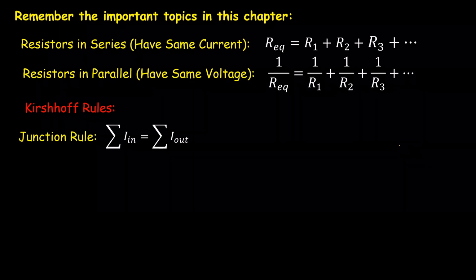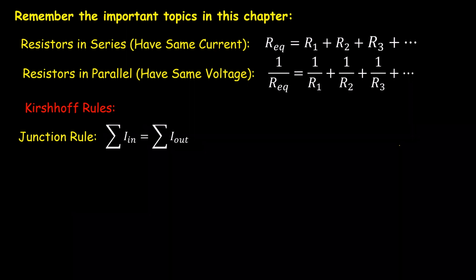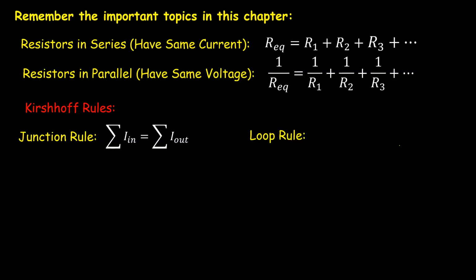We had the junction rule that says for any junction, the sum of the currents coming into the junction is the same as the sum of the currents going out of the junction. And we had a loop rule that says if you take any loop in the circuit, the sum of delta V equals 0.